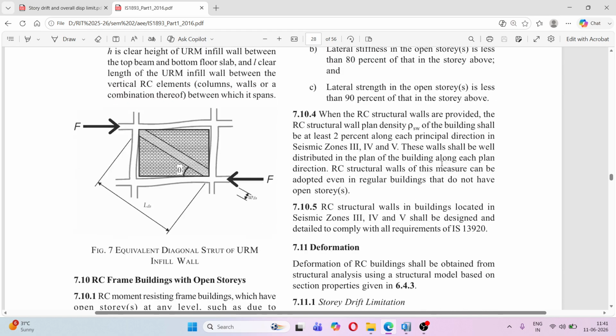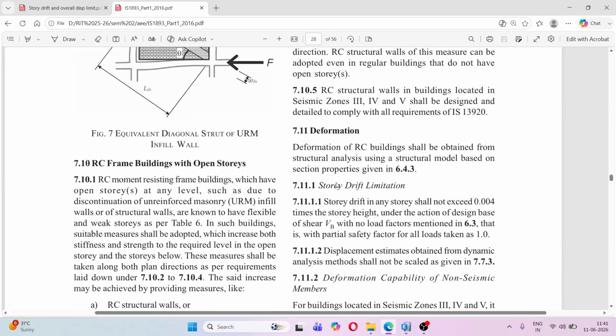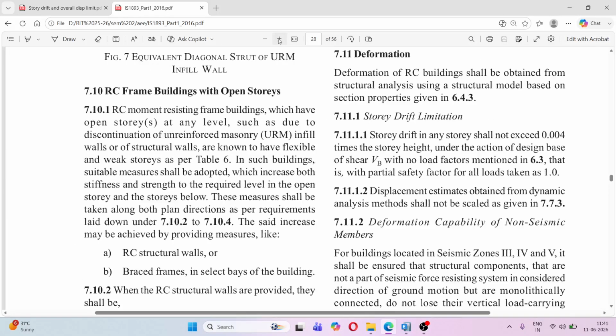Go to page number 28 or page number 26, and here there is a codal provision 7.11.1 Storey drift limitation. So first of all I will read the clause and then I will show you how to apply this clause.